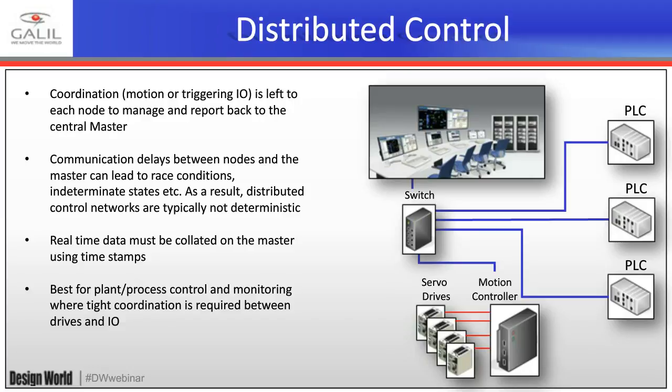Benefit of that is that you can have everything run from one control room. The downside to that, because you are using Ethernet, is the lack of determinism. So essentially, the time and rate at which each component communicates with the master is variable.